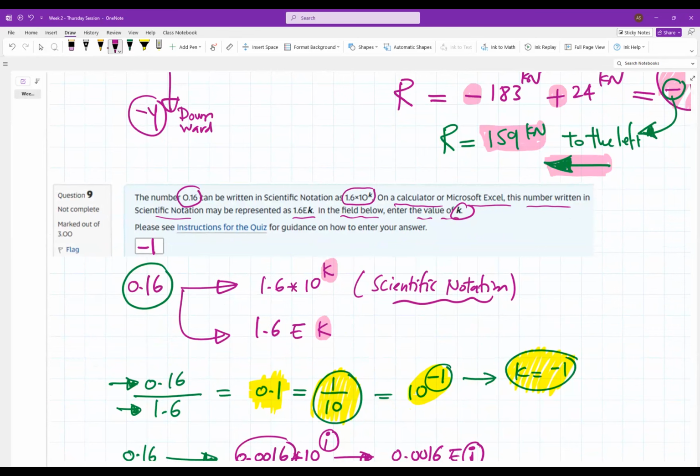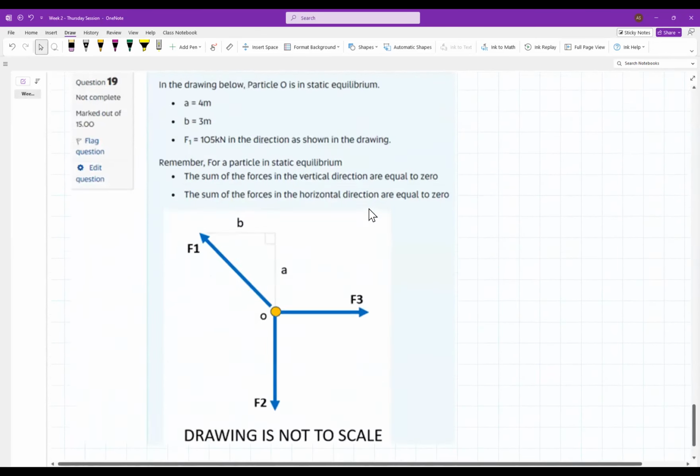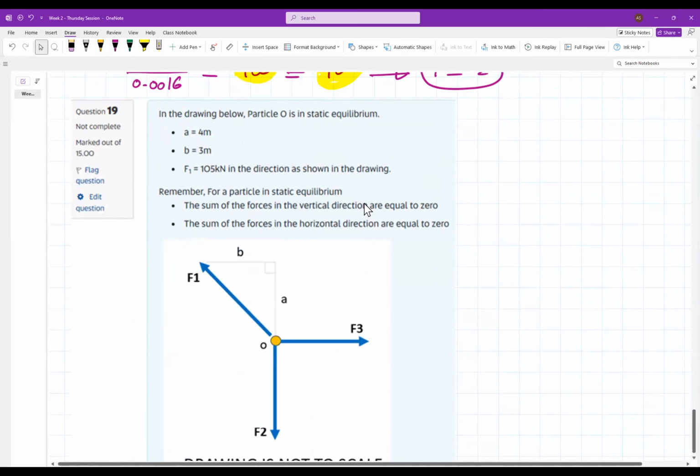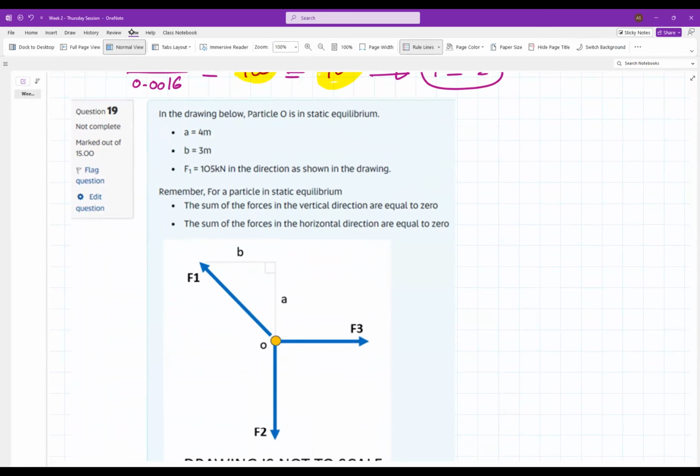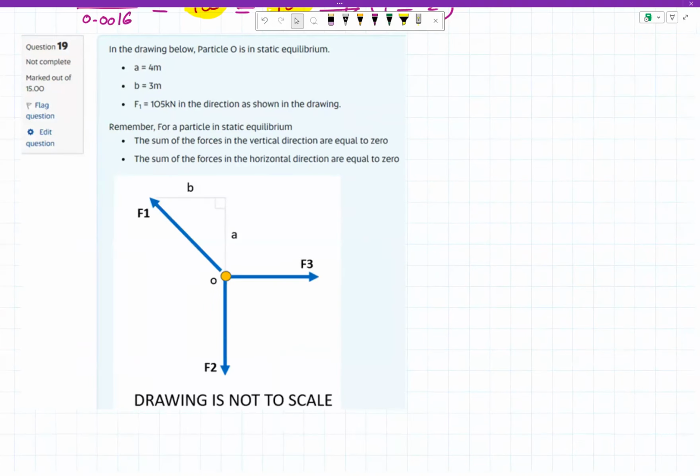Yep. Okay, so our last question is this one here, which is a practice. In this example, we will practice everything we have done through the class.